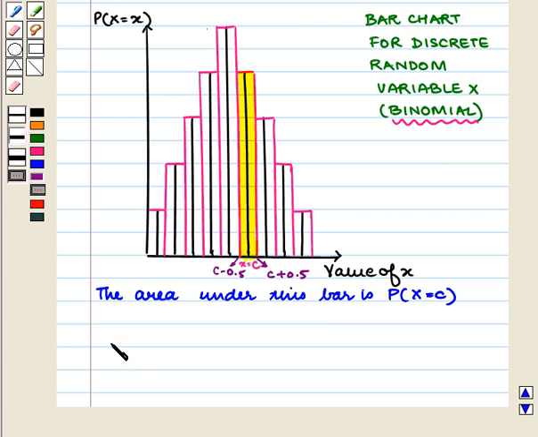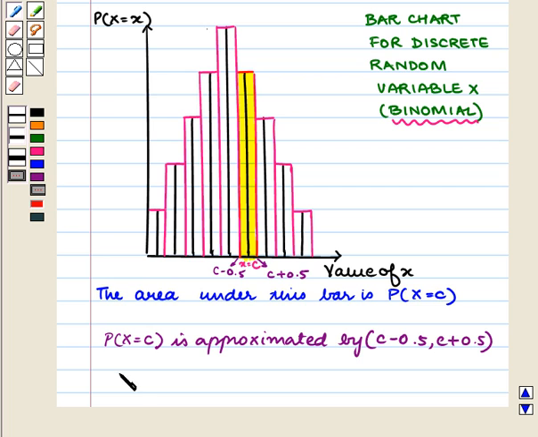So the probability when x is equal to c is approximated by the interval c minus 0.5 and c plus 0.5. So probability of x equal to c is approximately equal to probability of c minus 0.5 less than or equal to y less than or equal to c plus 0.5.